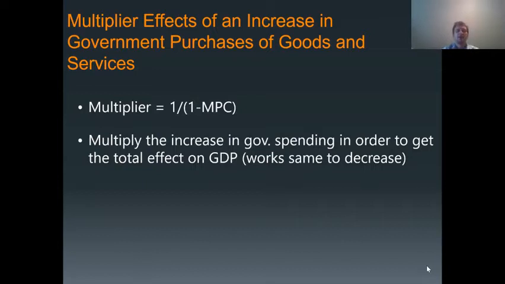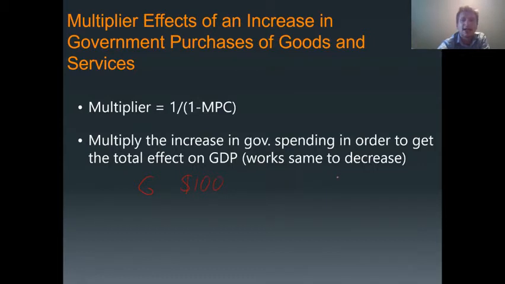So, the government spends money on a tank. Government buys the tank for $100 because I don't feel like coming up with a number harder than that. So, government spends $100 on a tank.